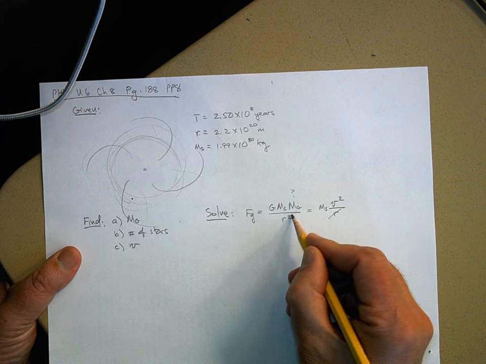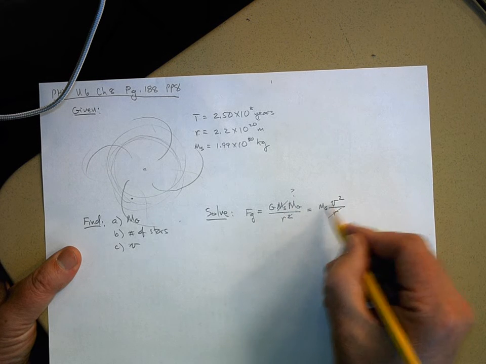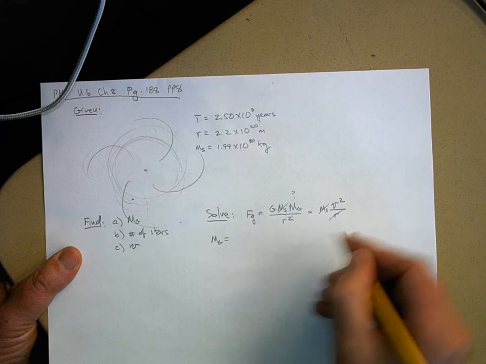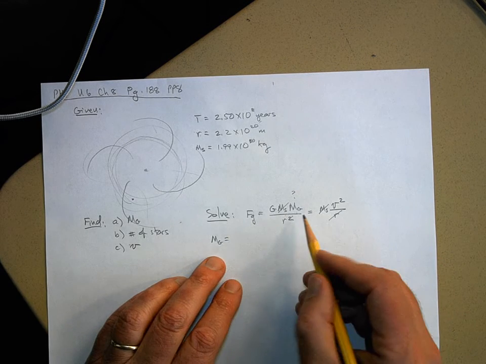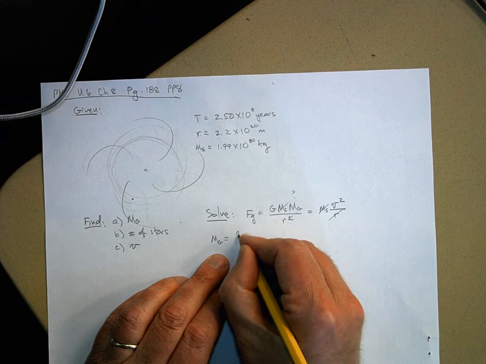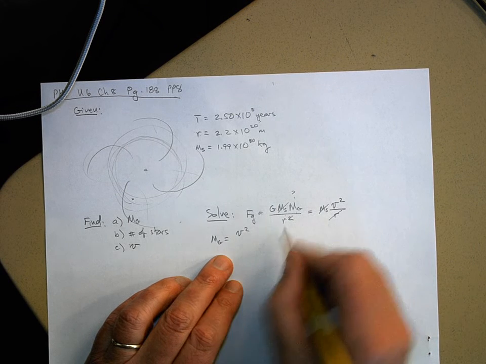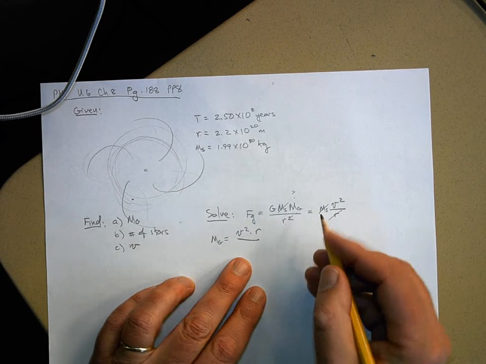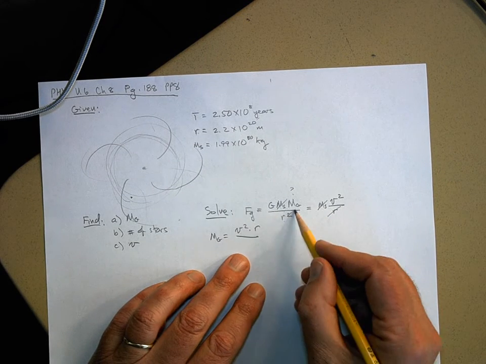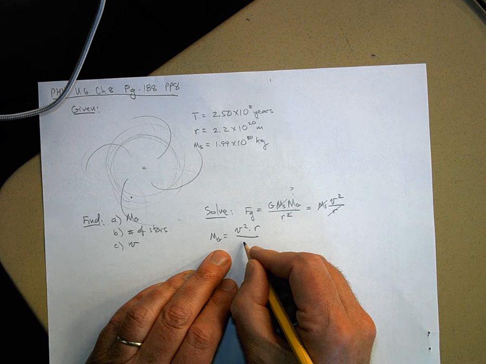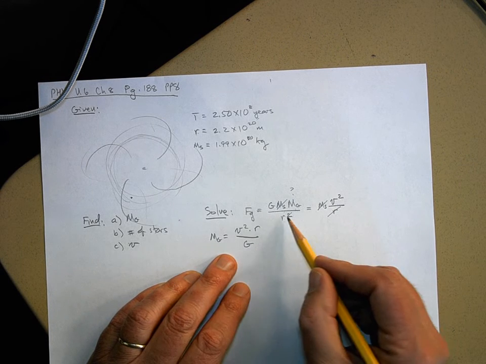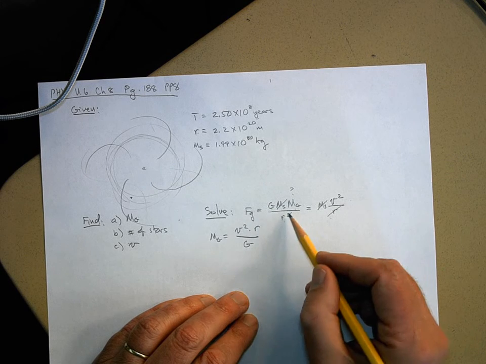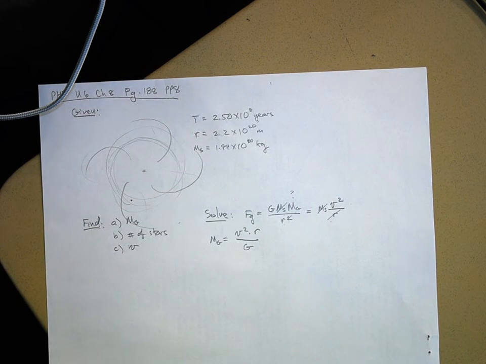This cancels, this cancels, and so the mass of the galaxy is going to be equal to v squared times r divided by big G. Yep, that's right.